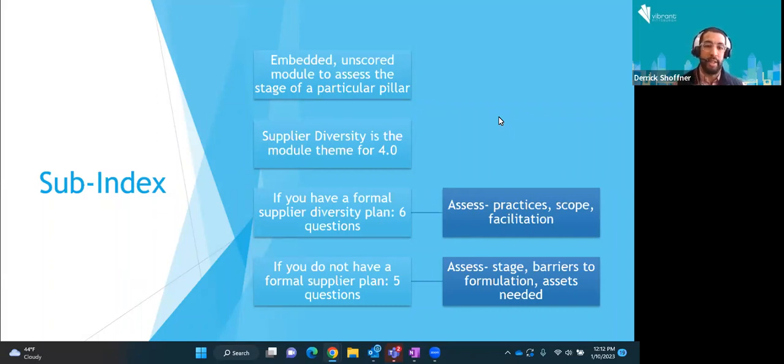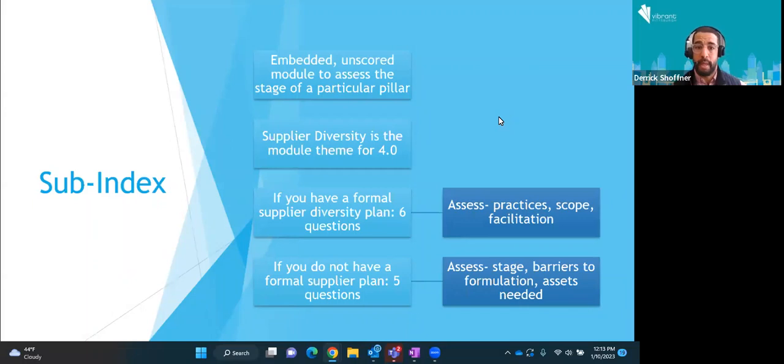So the sub-index this year is centered around the largest area of opportunity for our region for the last 3 years running, based upon the sample of data that we create within the index year after year after year. So for 3 years running, that has been supplier diversity. The assessment of, do you have a plan? What does that look like?